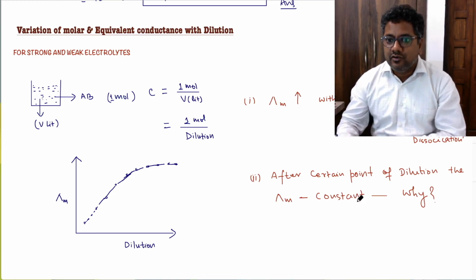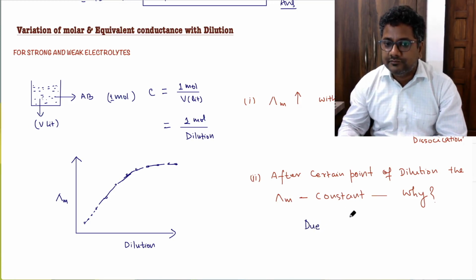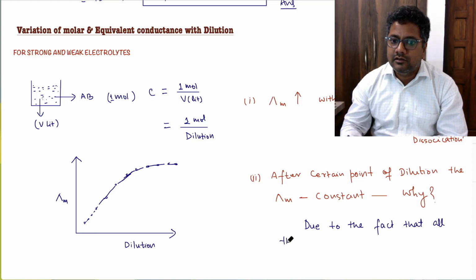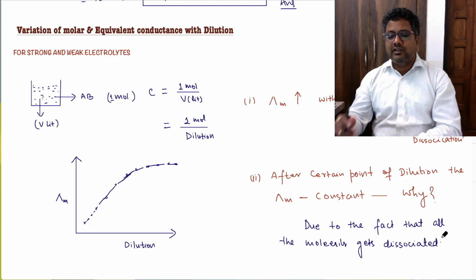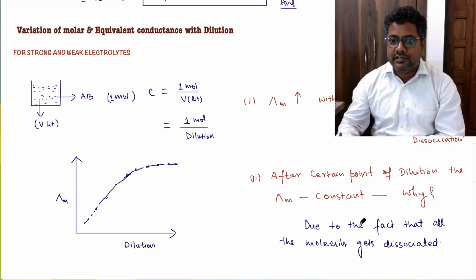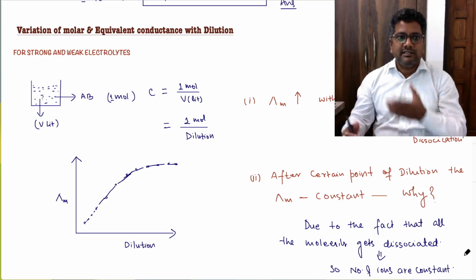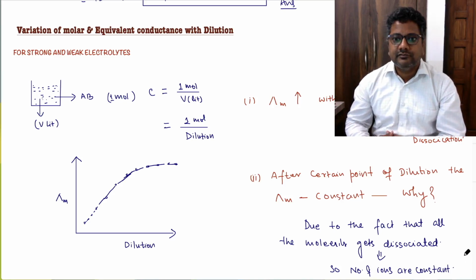This is due to the fact that all the molecules get dissociated, so the number of ions is constant, and once the number of ions is constant, molar conductance becomes constant.